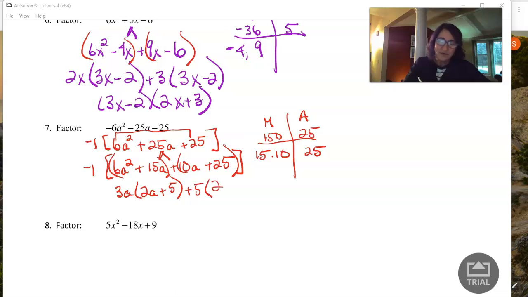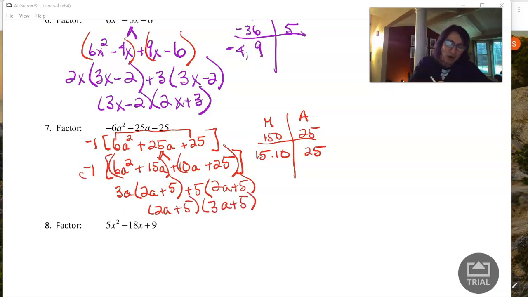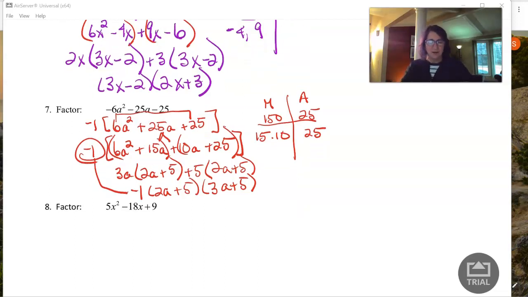So then we're left with 2a plus 5. So now we've got 2a plus 5 times 3a plus 5, and we don't want to leave off that factor of -1. All right, let's keep going here.